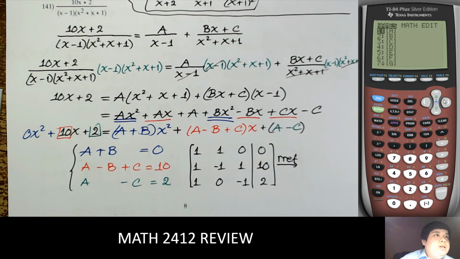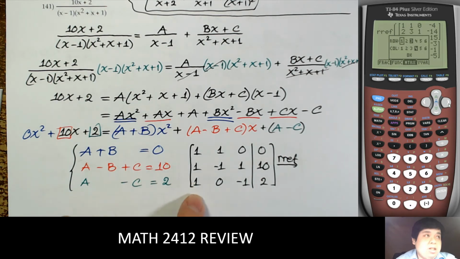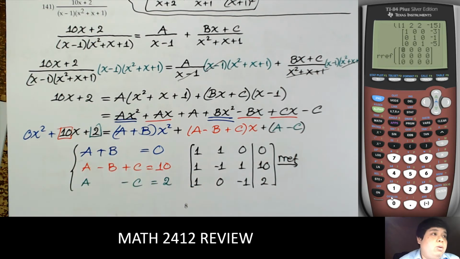Second matrix, go to math. Alpha zoom. This is a 3 by 4, which is good. 1, 1, 0, 0, so we just skip those two. 1, negative 1, 1, and 10. 1, negative 1, and 2.